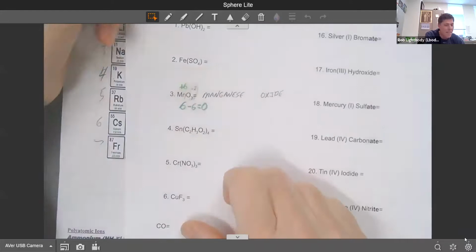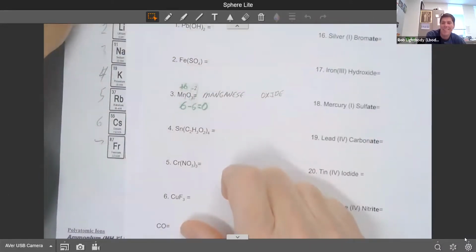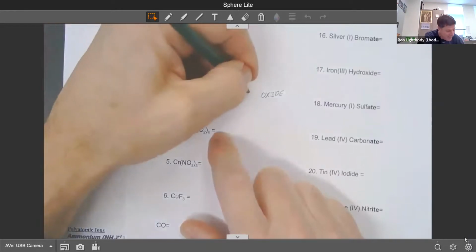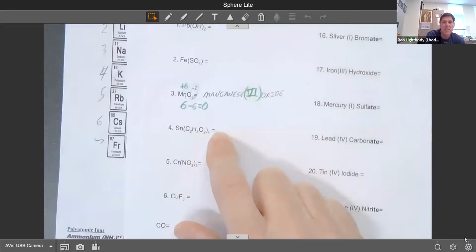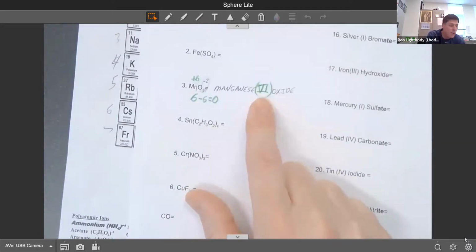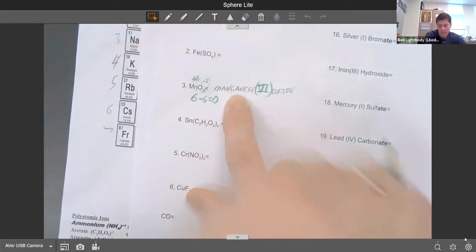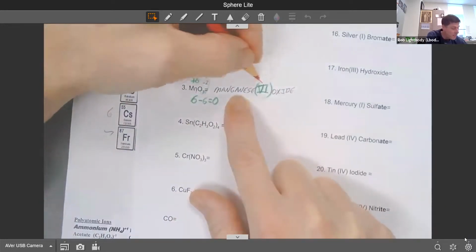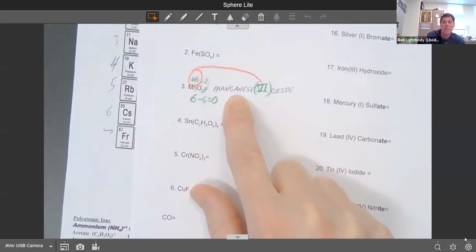Okay. Roman numerals, folks. Do you remember the Roman numerals? So I put the Roman numeral for 6, and that tells me the charge of the metal. It only applies to the metal.